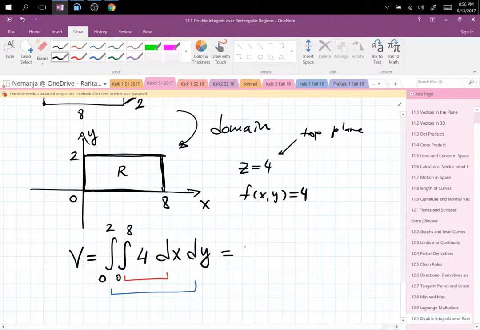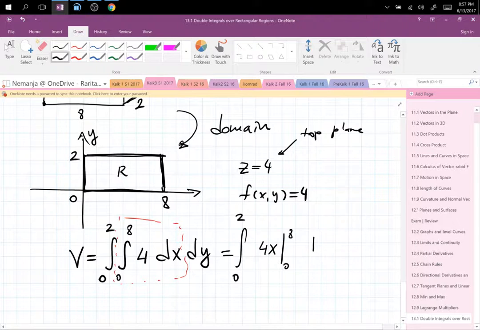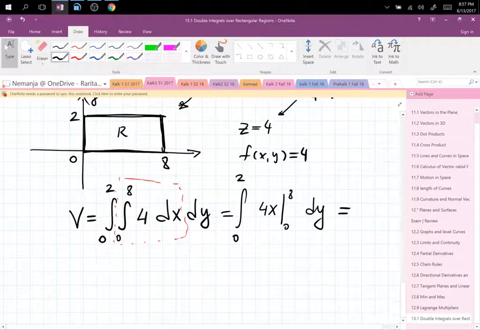We are going to solve the inner integral first. Just do the Calc 1 on it, nothing special. Copy the outside integral, 0 to 2. Integrate inside, which is 4x from 0 to 8. And you still have dy on the outside, 0 to 2.